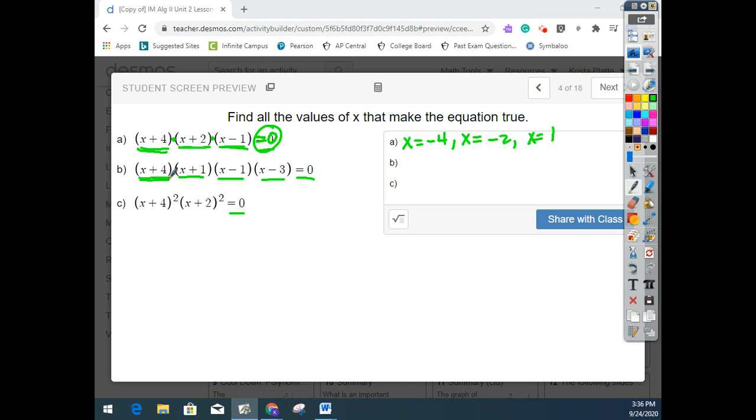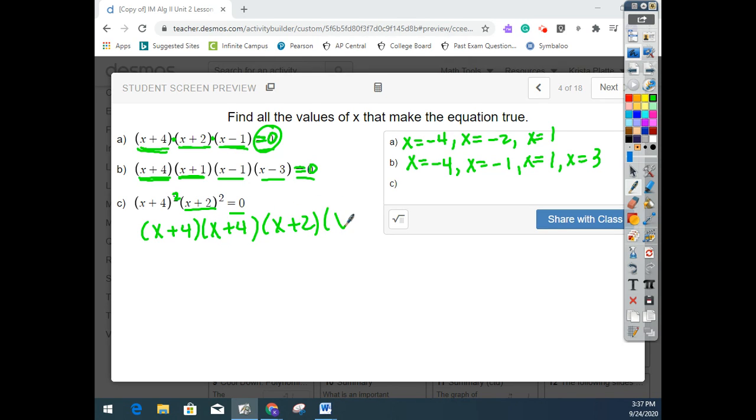What makes x plus 4 equal 0? When x equals -4. What makes x plus 1 equal 0? X equals -1. Now, when it means squared, that just means x plus 4 times x plus 4. This one is also squared.